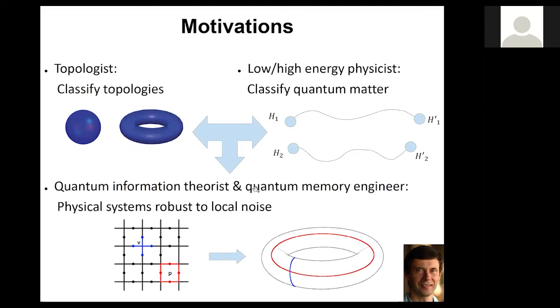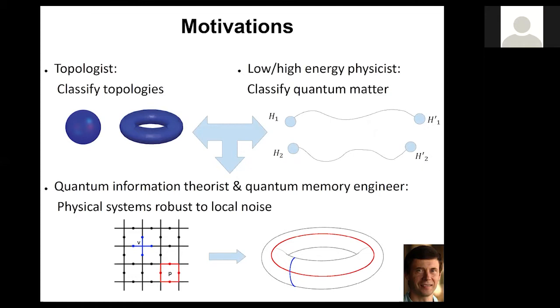And the third motivation comes from quantum information and quantum computing. The ultimate goal in that area is to engineer a quantum computing device that works with quantum mechanical principles and has advantages in solving some problems.